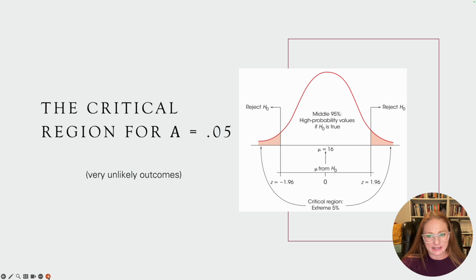A two-tailed test is non-directional, meaning we're looking for an effect, a change. Again, the middle 95% is when you grab a random sample and there's a high probability that the null hypothesis is true, that your treatment didn't really have an effect.